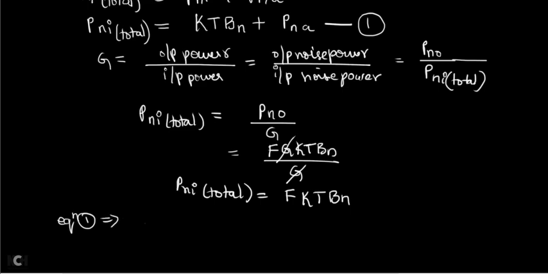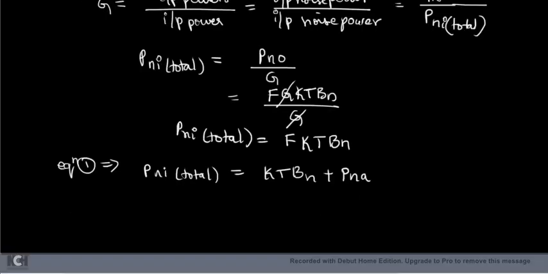Now you substitute this in equation number 1. What is equation number 1? PNI total is equal to KTBN plus PNA. What I need to find out here is PNA. So PNA will be equal to PNI total minus KTBN.